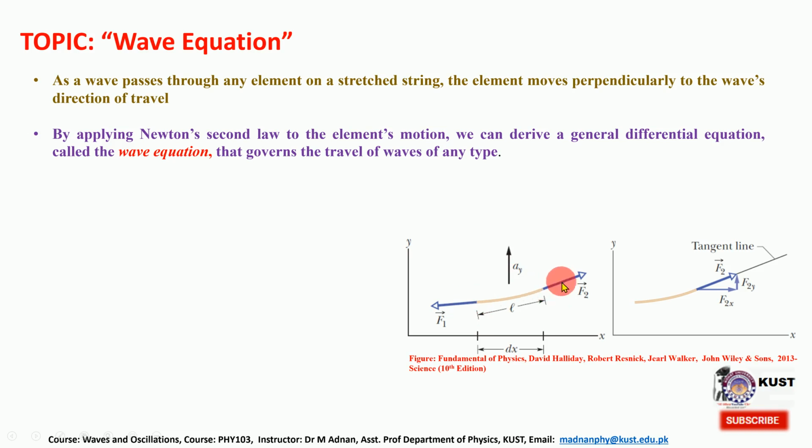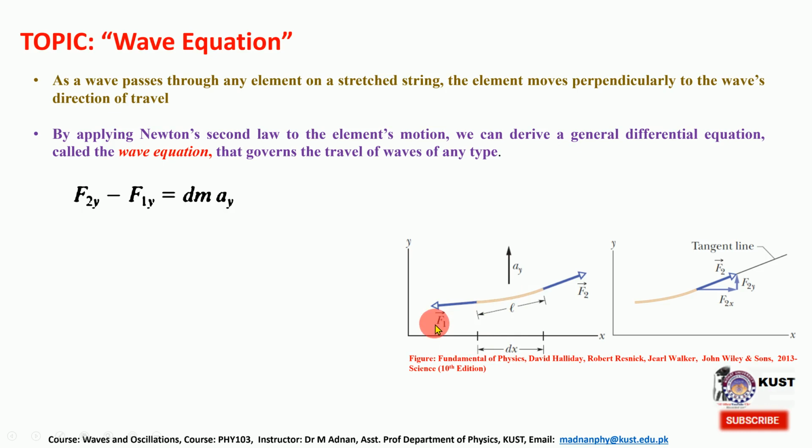So the net force will be the difference of the two. The length of that element is, say, L, and that is equal to dx if we make our measurement along this x coordinate in terms of length. That element is moving along y. That force, we have discussed in the previous lecture, is the tension in the string.